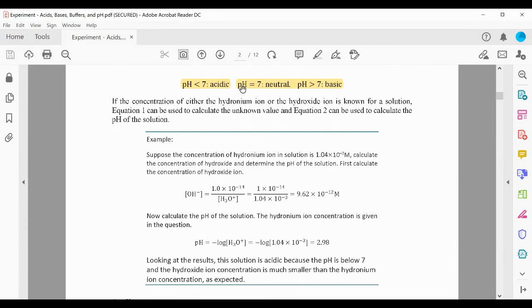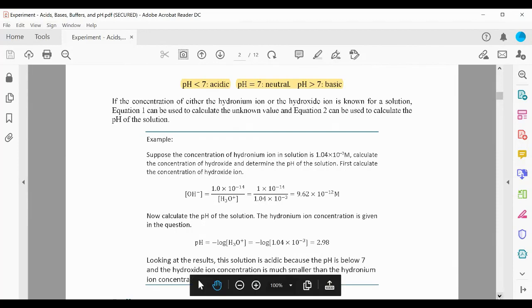And why does this come about? Because we are going to have a pH lower than 7 when the concentration of hydronium ions is higher than 1.0 times 10 raised to the minus 7, because it's minus log.